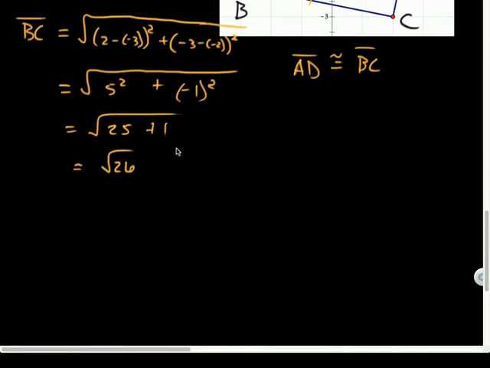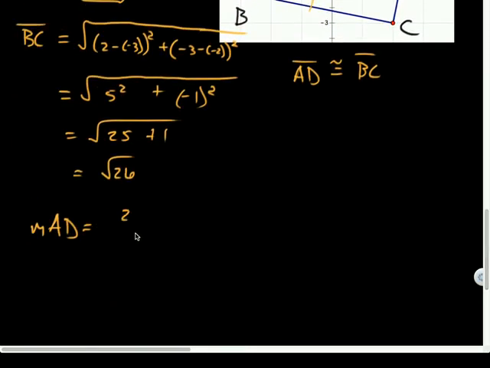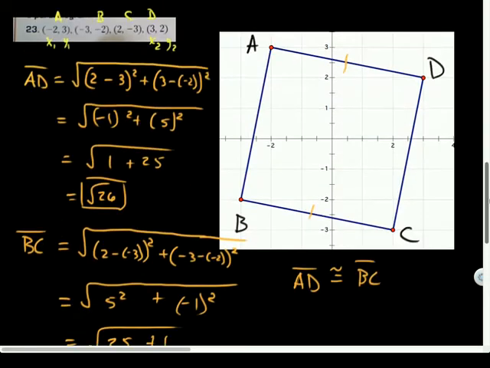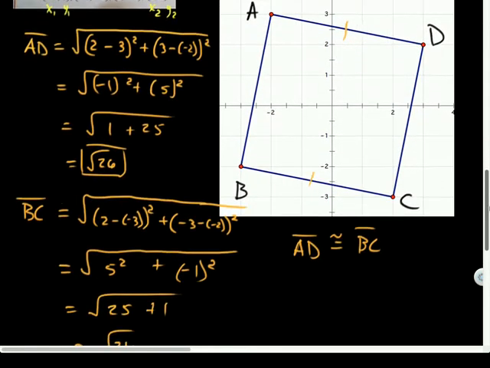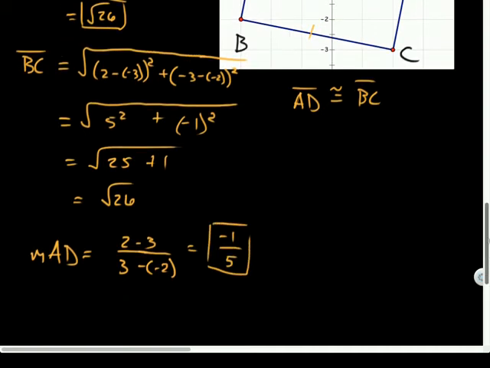So I'll find the slope of AD using the slope formula, y2 minus y1, so 2 minus 3, over x2 minus x1, so 3 minus negative 2. 2 minus 3 is negative 1, over 5. So there's the slope of AD. Let's find the slope of BC.